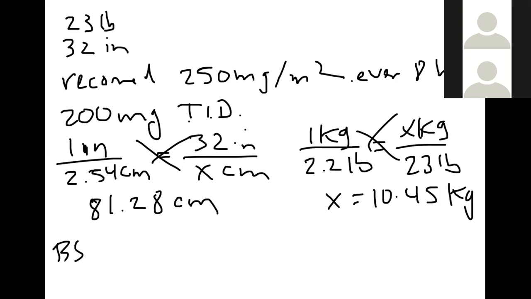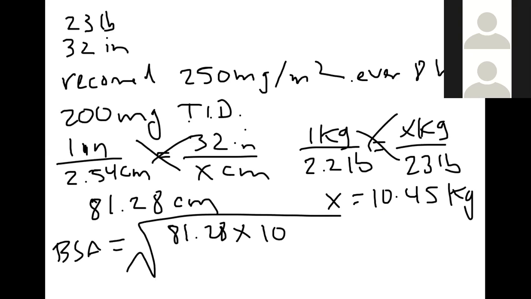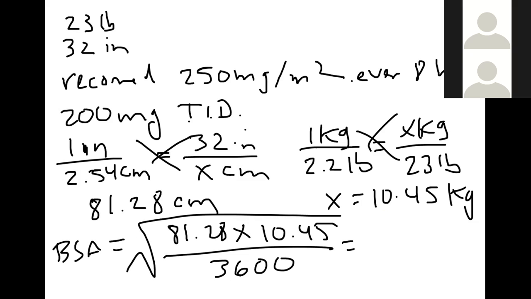So BSA will equal the square root of 81.28 times 10.45 divided by 3,600. Taking the square root of that gives us 0.485. So we're going to go ahead and put 0.48.